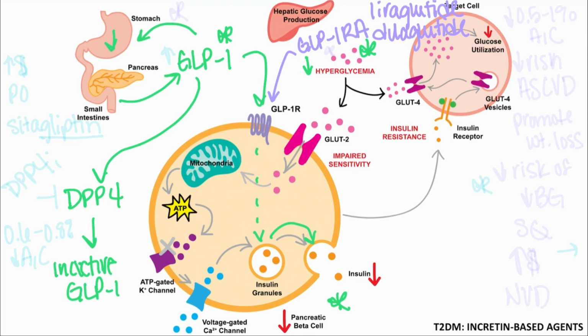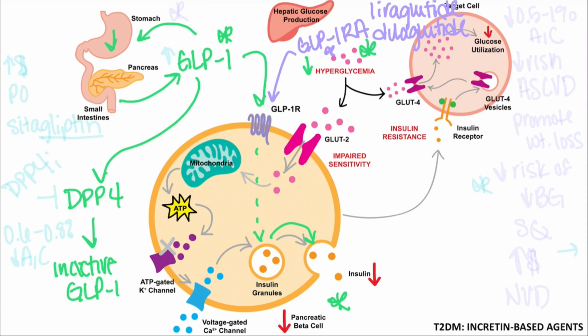So these agents are almost homologous with endogenous GLP-1, and the primary difference between the two is that the GLP-1 receptor agonists have minor structural changes incorporated that make these agents more resistant to DPP4 cleavage and inactivation. So essentially, they have a longer half-life and stick around in the blood longer.